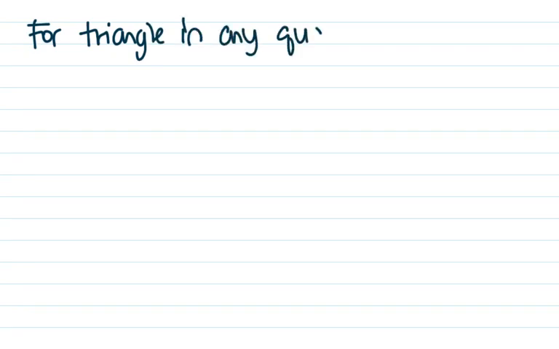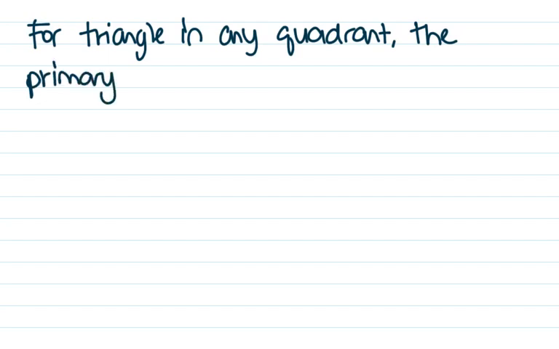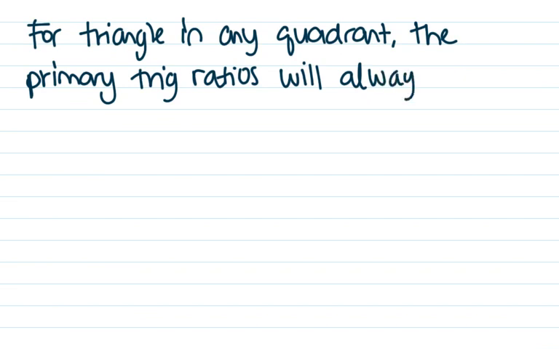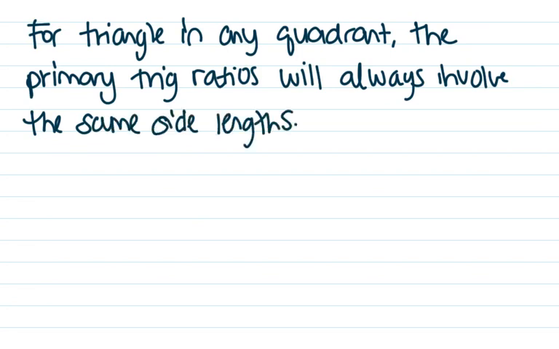So for any triangle in any quadrant, the primary trig ratios will always involve the same side lengths. So sine theta will always be y over r.